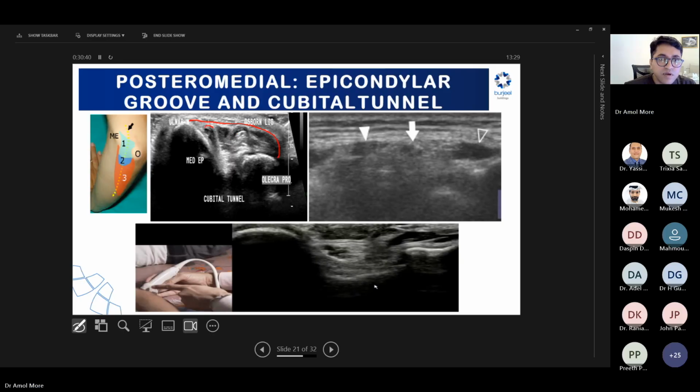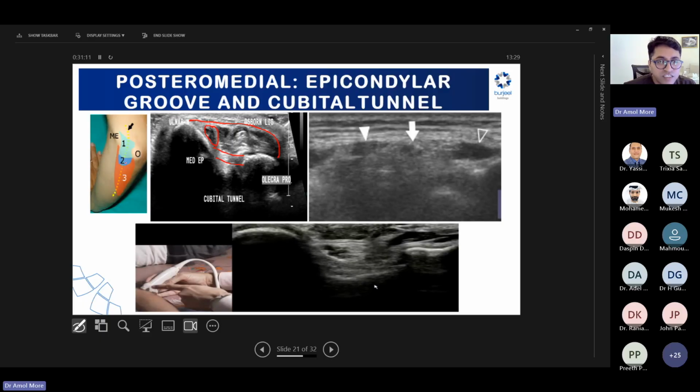This honeycomb-like structure is the ulnar nerve. There will be a small branch of the ulnar artery along with the cubital tunnel in the posterior aspect of the ulnar nerve. And this hypoechoic structure along the floor of the cubital tunnel is the posterior band of the ulnar collateral ligament.